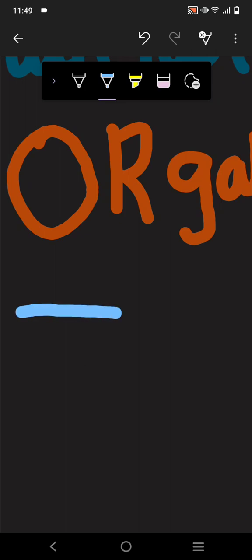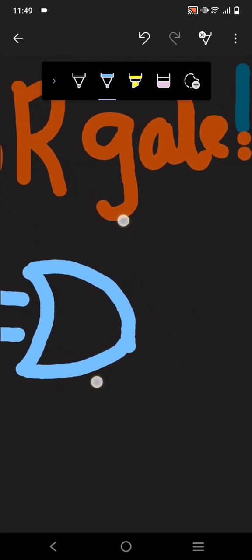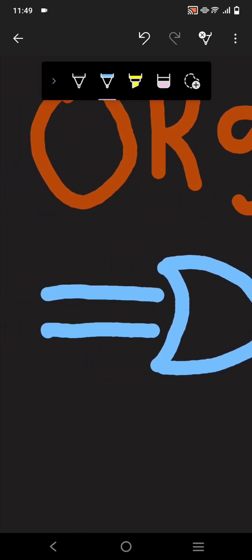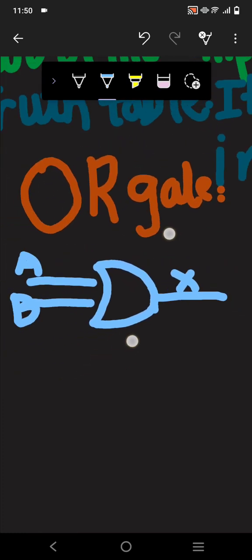This is the circuit, and here will be only one input. I guess I am wrong, my statement is wrong. Here will be two inputs, and the one output is represented as X.